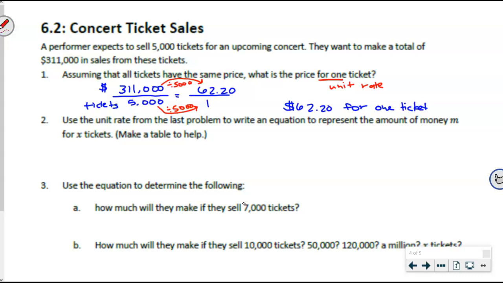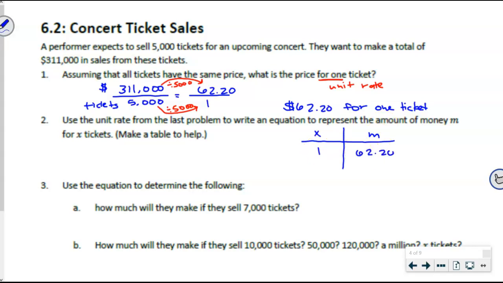Now it says use the unit rate from the last problem to write an equation that represents the amount of money M for X tickets. And it says make a table to help. So here's what this is going to look like. I'm not going to make a whole full-on table, but I am going to show that if X is the tickets, and M is the amount of money, in this short little table, it's going to have 1 ticket is $62.20.